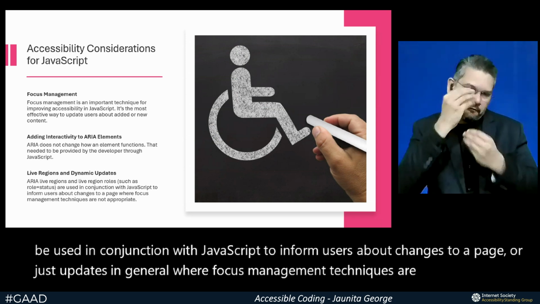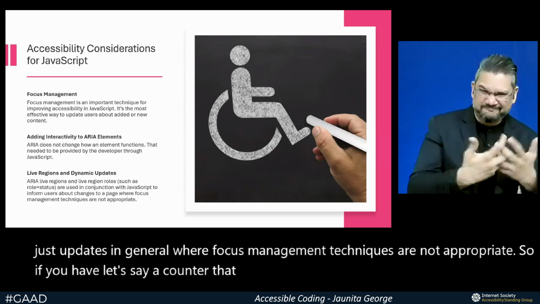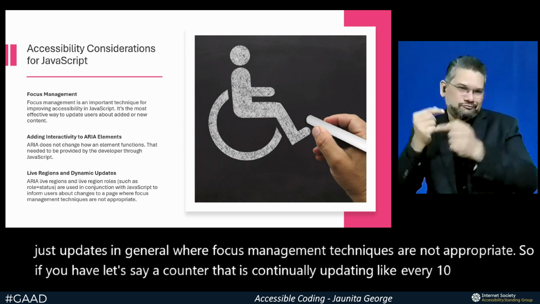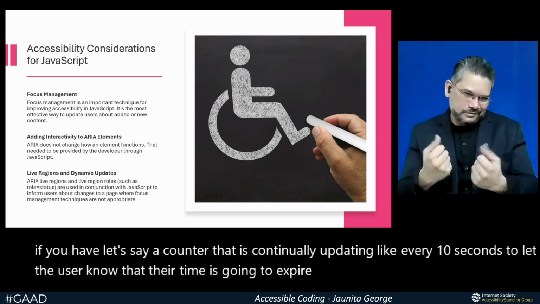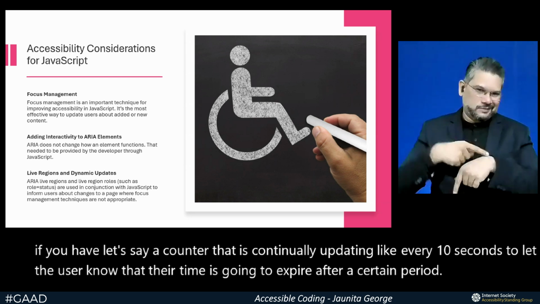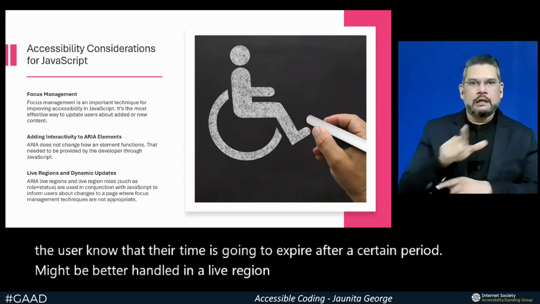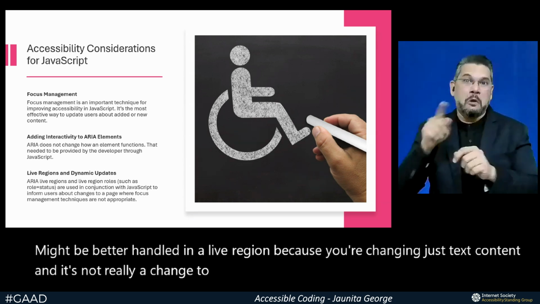So if you have, let's say, a counter that is continually updating, like every 10 seconds, to let the user know that their time is going to expire after a certain period, that might be better handled in a live region, because you're changing just text content and it's not really a change to the website in any real way.